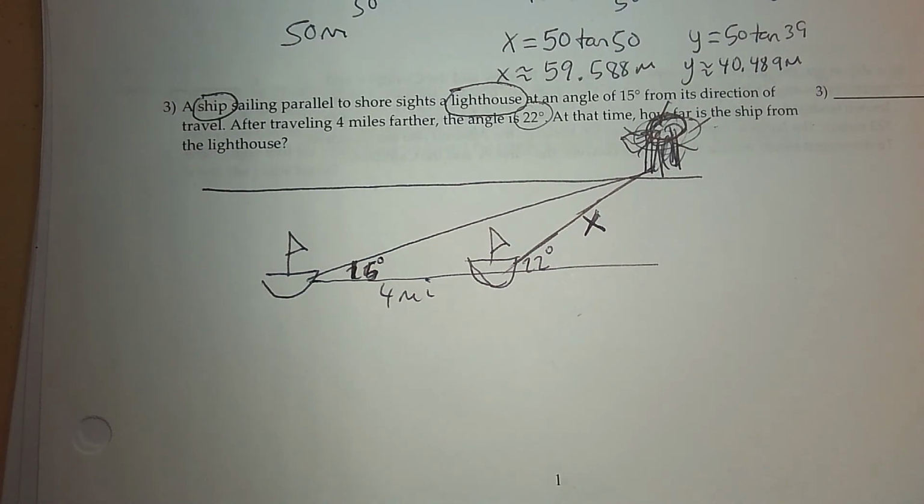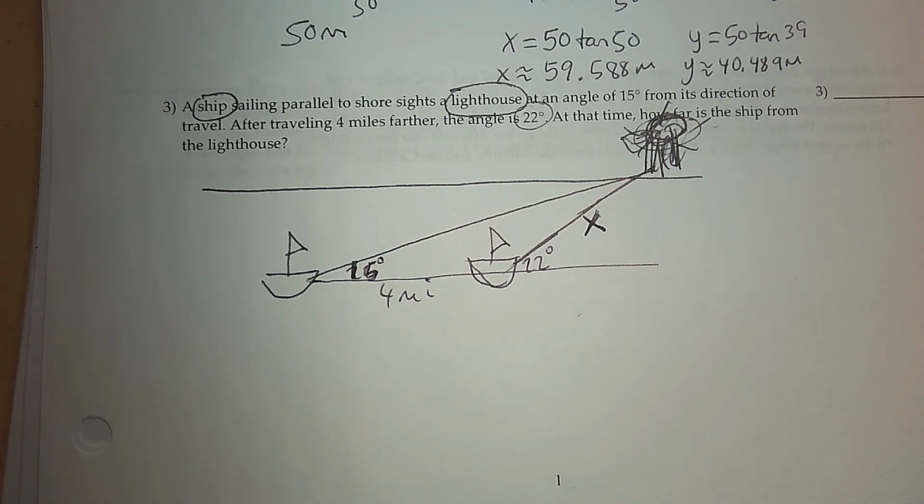So a ship is going parallel to the shore. It spots a lighthouse, and the angle it makes is 15 degrees. It goes 4 miles, does the angle again, and now that it's closer, the angle is bigger, so it's 22. And the question is, how far is the boat from the lighthouse? Now you need to unpack that triangle.